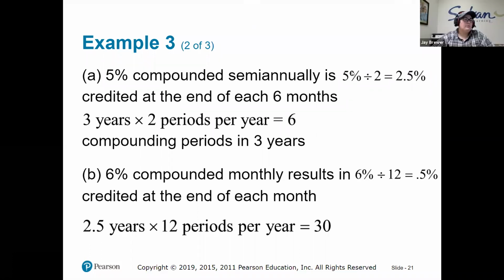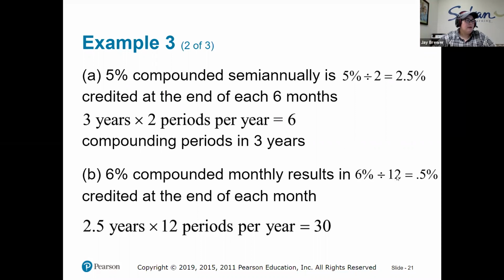So we're going to take the percentage and divide it by 2 because it's compounding twice in that year. But then you have to realize that you are going to do this problem for 3 years. So you take 3 times 2, which gives you 6. So there are 6 compounding periods in 3 years. Okay. And that's all you need to find for that one.